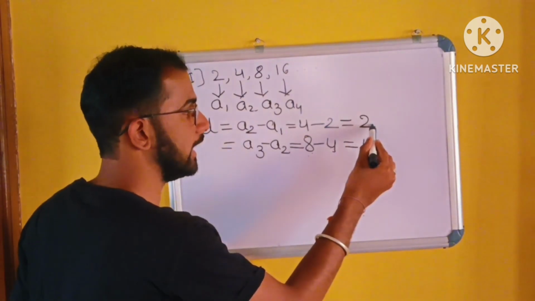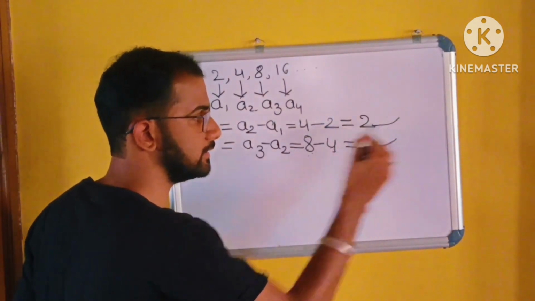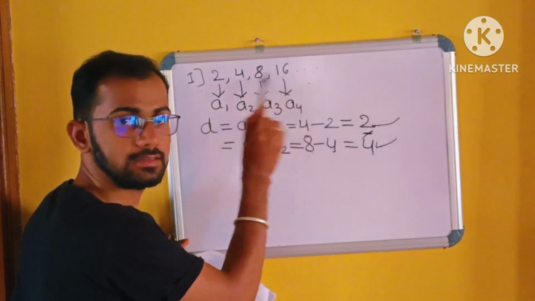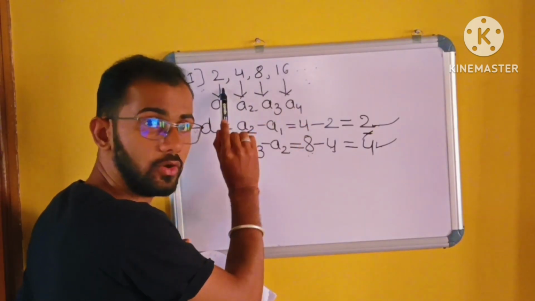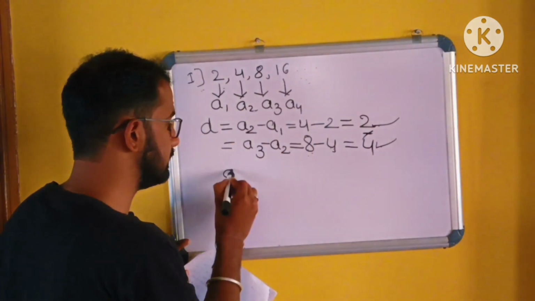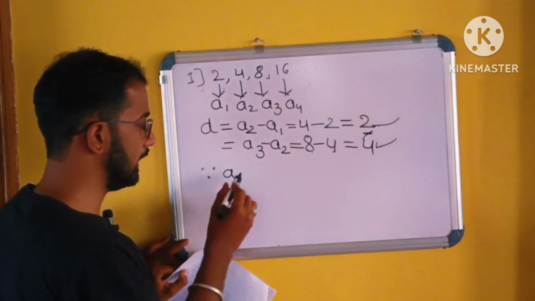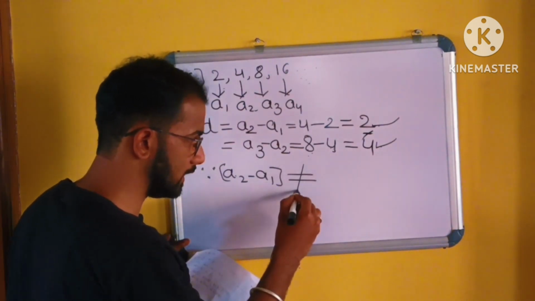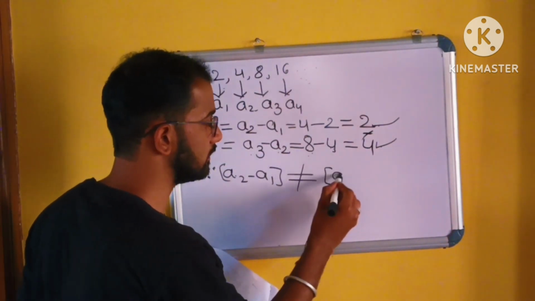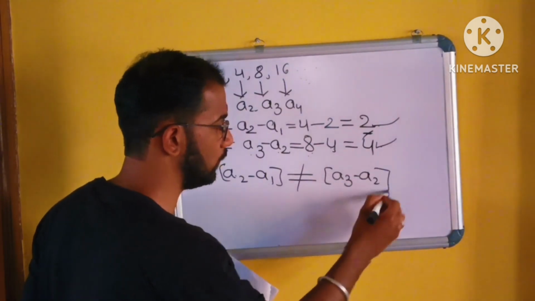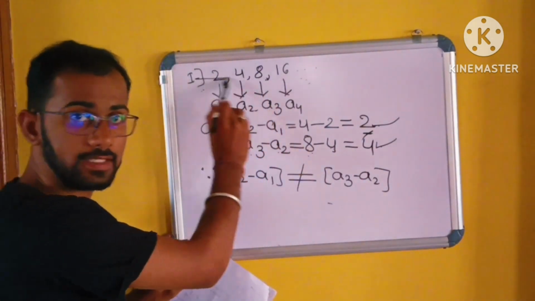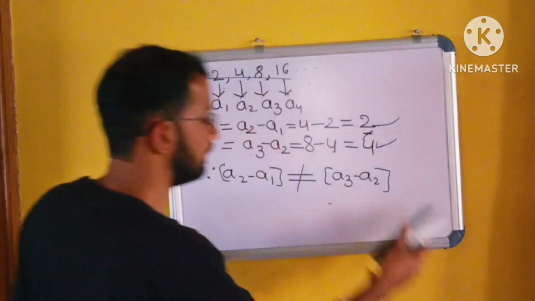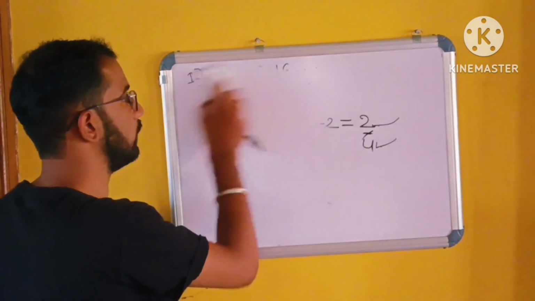For the first pair we get 2 and the next difference is 4. These two are not equal. Hence the given list of numbers is not an AP, because A2 minus A1 is not equal to A3 minus A2. This is how we can check whether this is an AP or not.